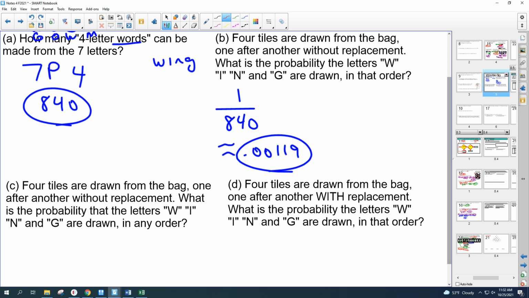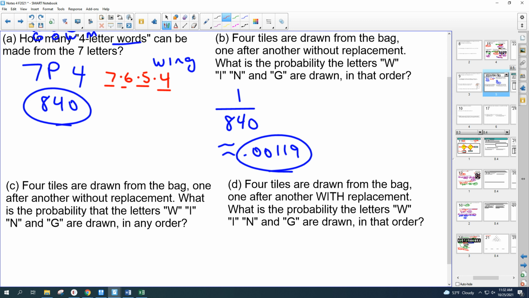And so if I go back up to part A, if you think about it, there were 7 ways of pulling the first one, and then 6, and then 5, and then 4. I mean, you can think of that as a blanks problem. Maybe that's better, okay? But since a permutation is part of a factorial, I'm doing the exact same thing.